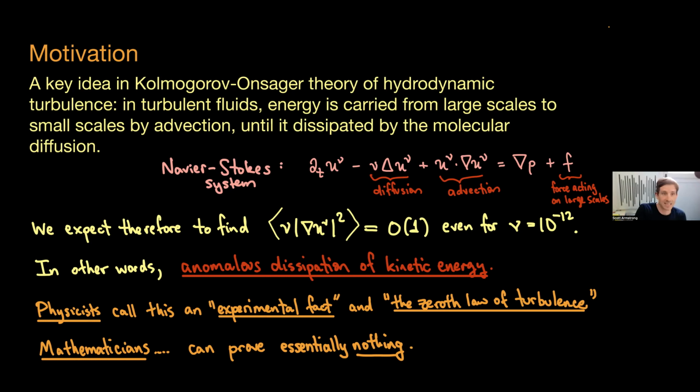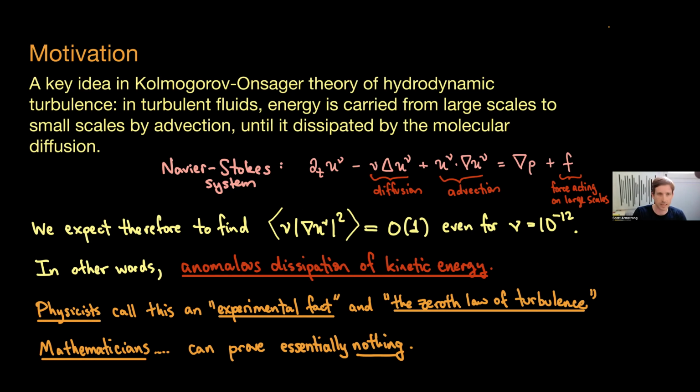You'll have this cascade going down, which will not stop until you get to the very small scale at which this diffusion term can erase it and destroy those modes. Then you'll have loss of kinetic energy. And so the total amount of kinetic energy being lost is O of 1, no matter how small kappa or nu is.